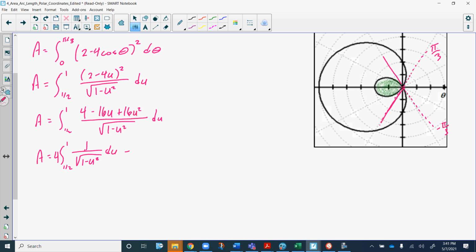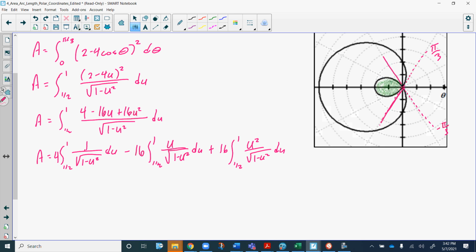Let's take the negative 16 out, times the definite integral of 1/2 to 1 of, nope, not 1, I have a u there, u over the square root of 1 minus u squared du, and I take the constant of 16 out of the last one, 16 definite integral 1/2 to 1, and here I have u squared over the square root of 1 minus u squared du.